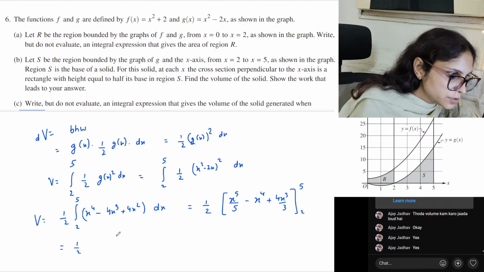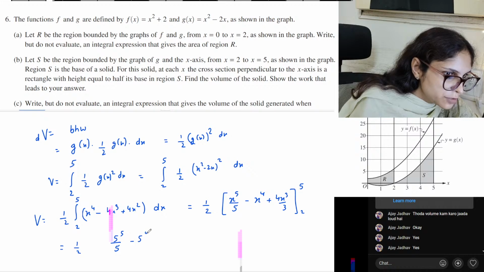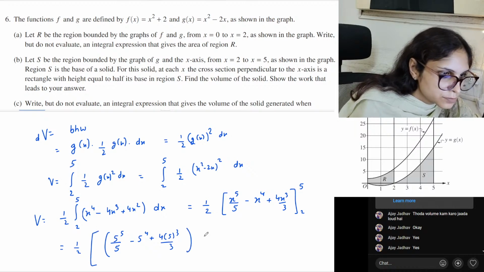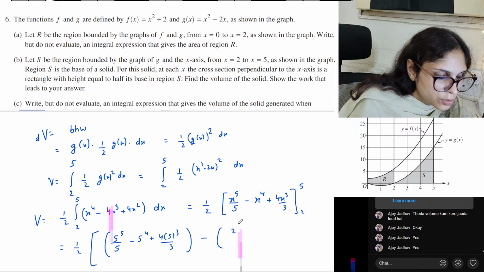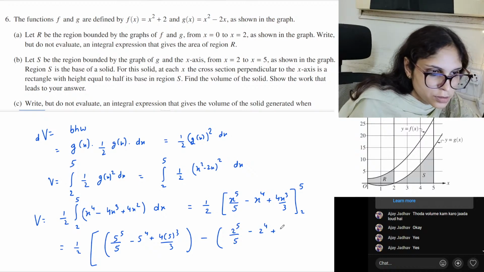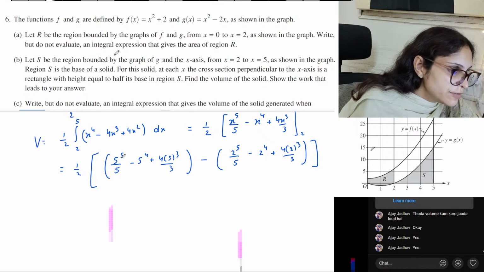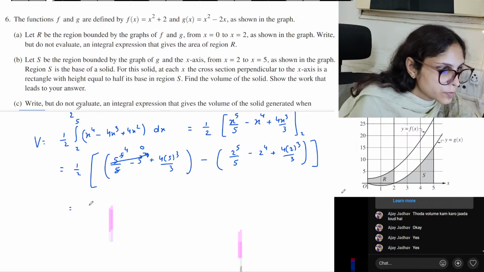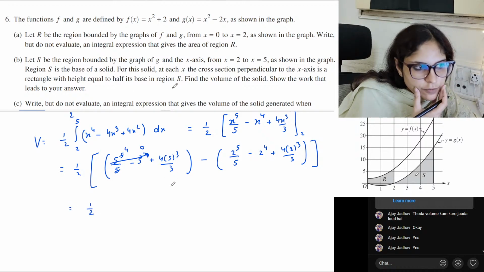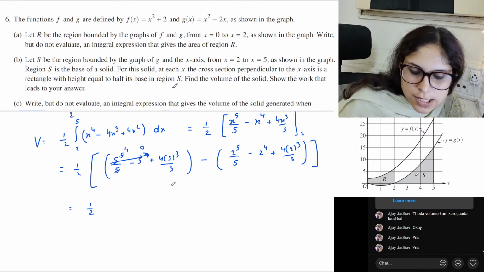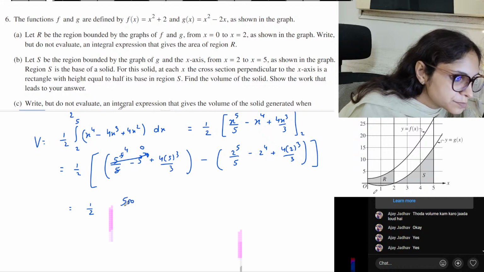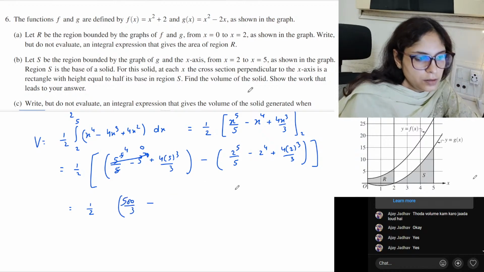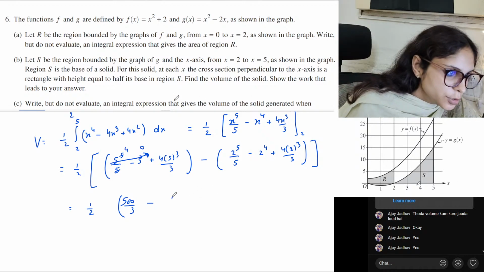So first let me put 5. 5 to the power 5 over 5 minus 5 to the power 4 plus 4 times 5 cubed over 3, minus 2 to the 5 over 5 minus 2 to the 4 plus 4 times 2 cubed over 3. 5 to the 5th over 5 is 5 to the 4th. 5 to the 4th minus 5 to the 4th is just 0. 5 cubed is 125. 125 times 4 is 500. 2 to the 5 is 32, so 32 over 5.